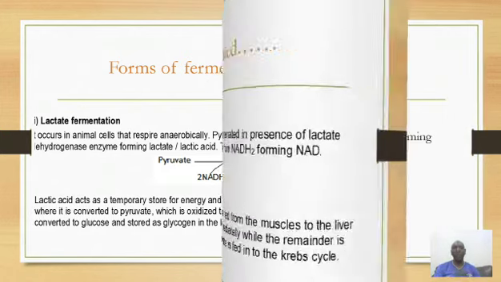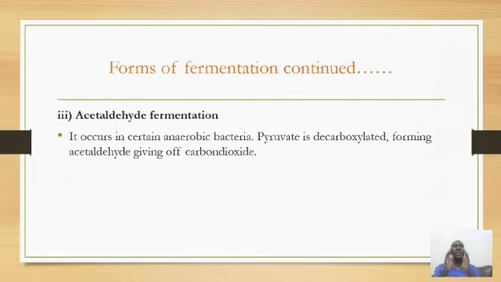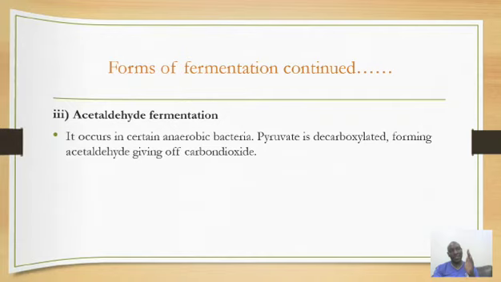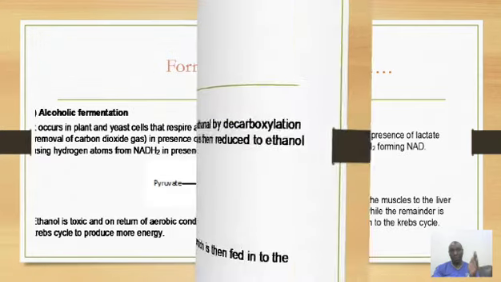Lastly is acetaldehyde fermentation. This occurs in anaerobic bacteria, where pyruvate is decarboxylated, carbon atom removed, forming acetaldehyde, giving off carbon dioxide. Remember, alcoholic fermentation, because the product is alcohol.